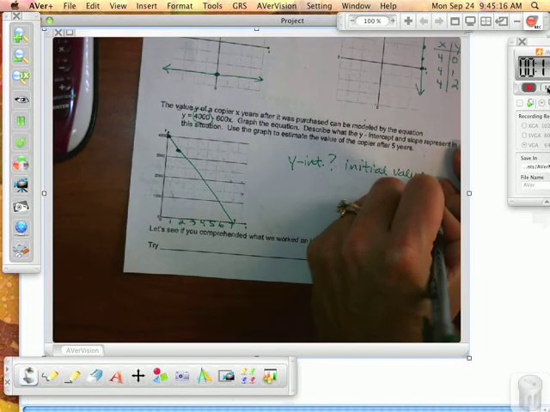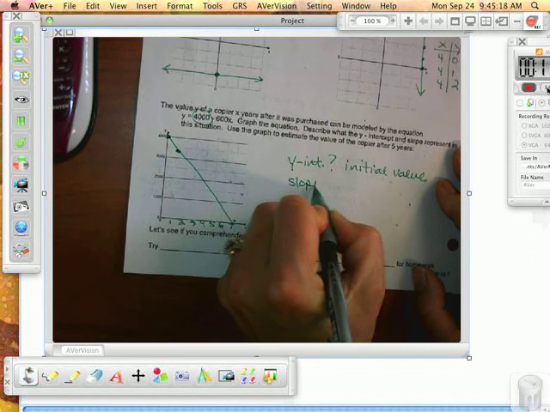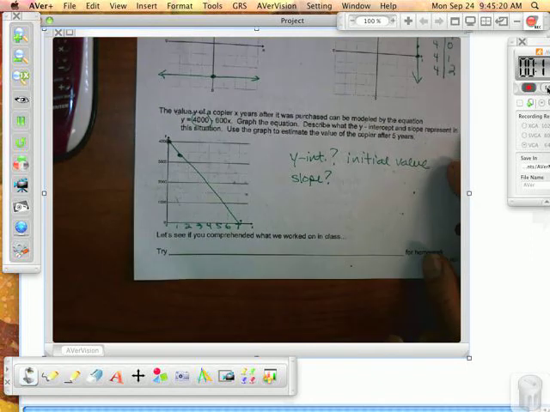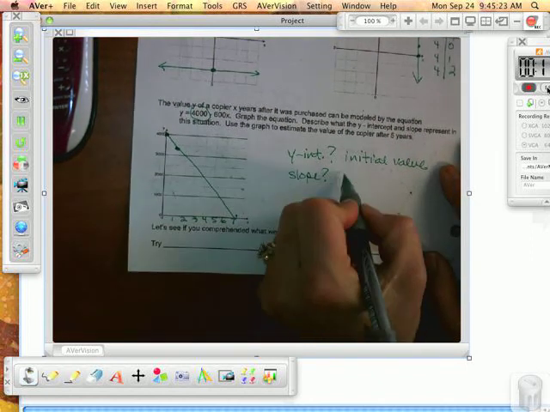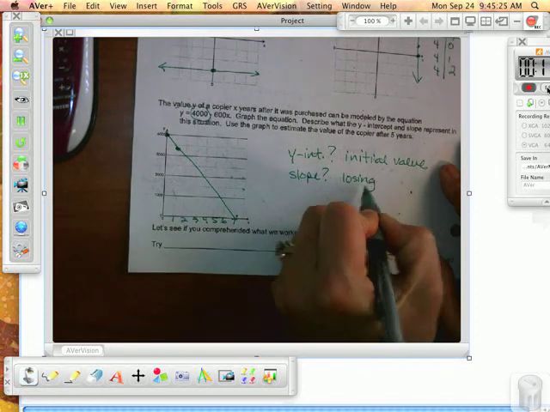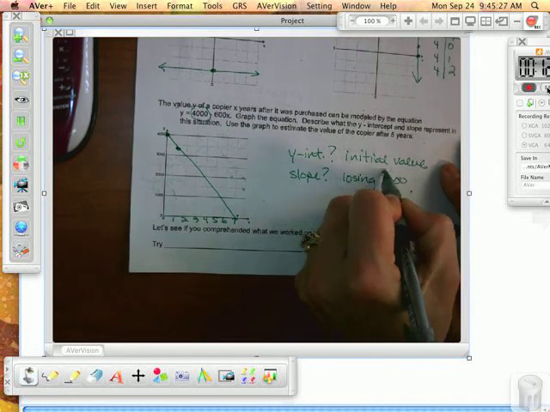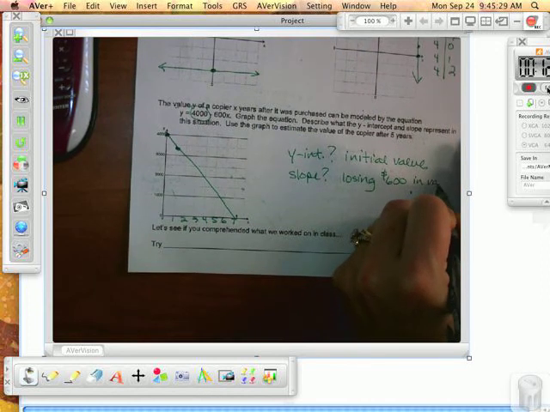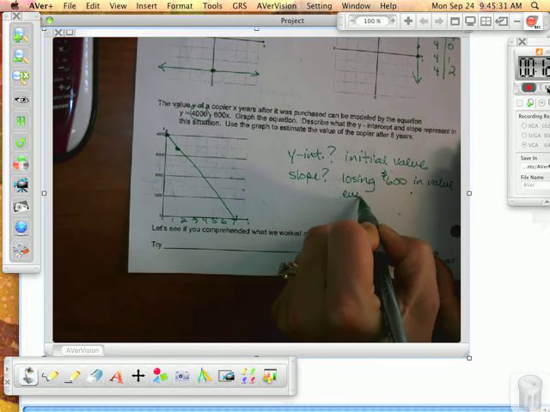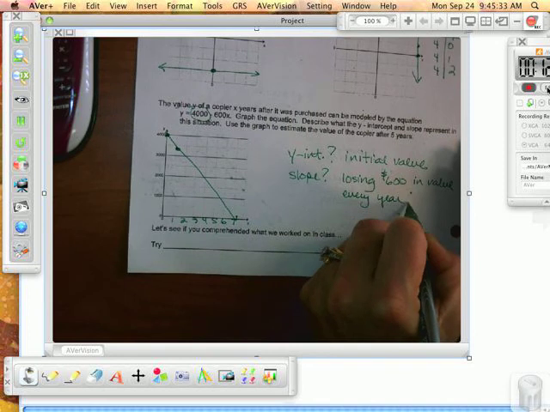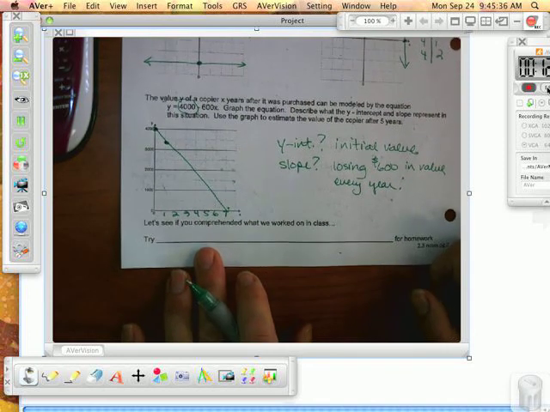What does the slope represent? Value of it. Yeah, it's losing $600 every year in value. Okay? Losing $600 in value every year.